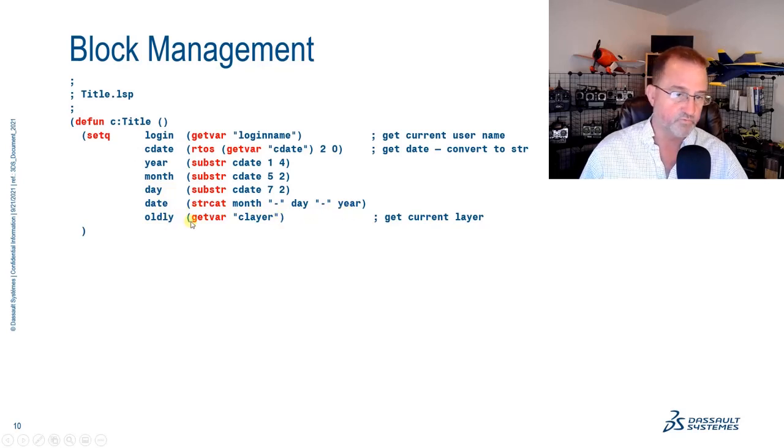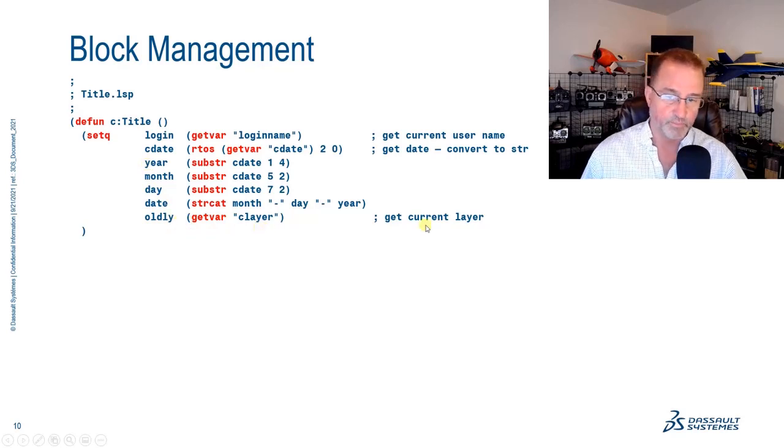And then another variable that I'm going to grab is cLayer, getVar cLayer. I'm going to set the variable old ly to the current layer before I make any changes. So this is really good practice to grab current settings. Sometimes we grab the old layer, the current layer, maybe it's snaps, other things.